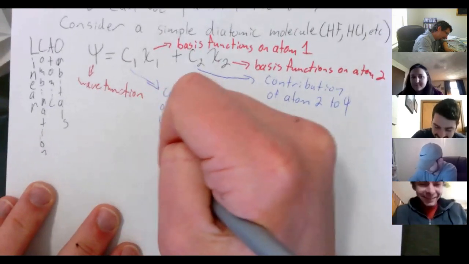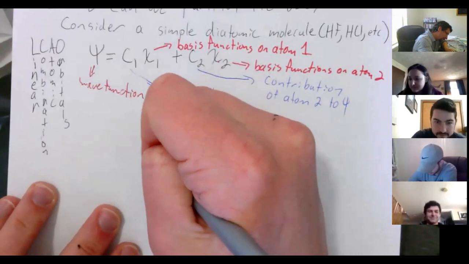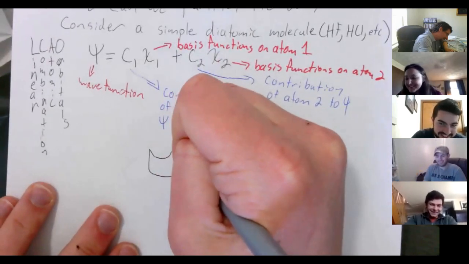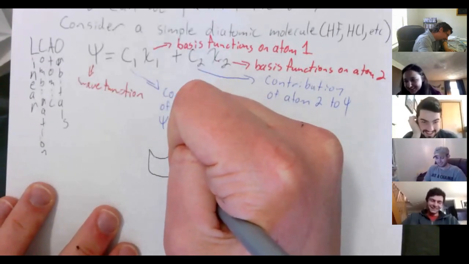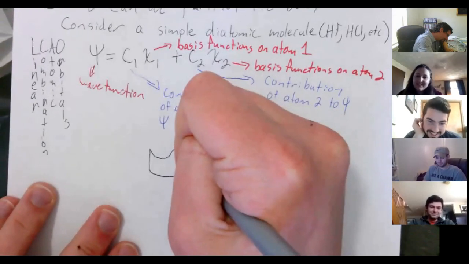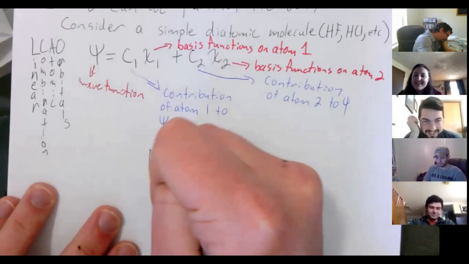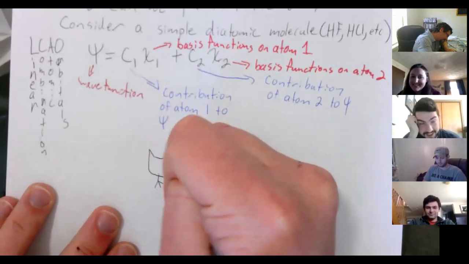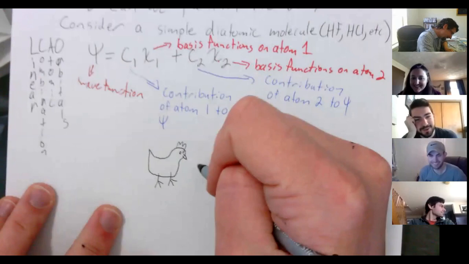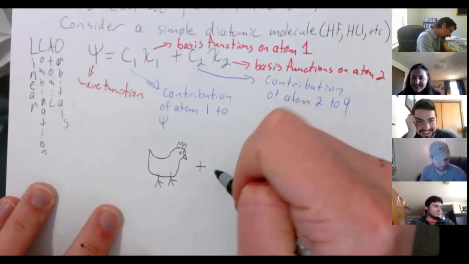Chicken, chicken's delicious. But if we were trying to draw a linear combination of atomic orbitals, I want to draw a chicken really badly now. That reminds me of that chicken you gave us for that quiz on point groups. We said the chicken's linear, but really, is it though?